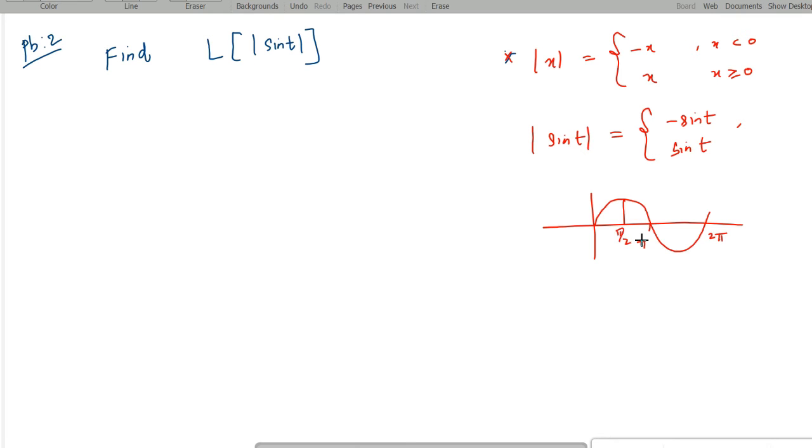So for that, by using this frequency, I am going to rewrite minus sin t from pi to 2 pi, sin t 0 to pi. In general the graph of sin t is coming like this. Only we are taking t from 0 to infinity while finding Laplace transform.